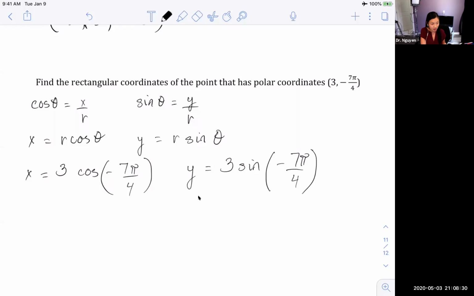From there, you can use the unit circle if you want. So it's going to be, we have 3 radical 2 over 2.